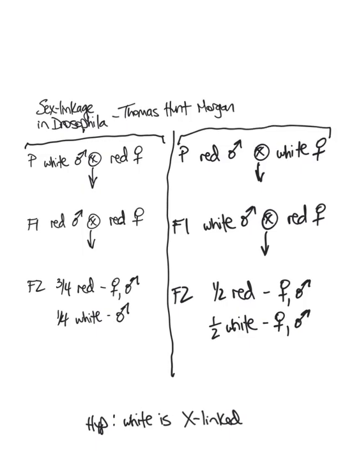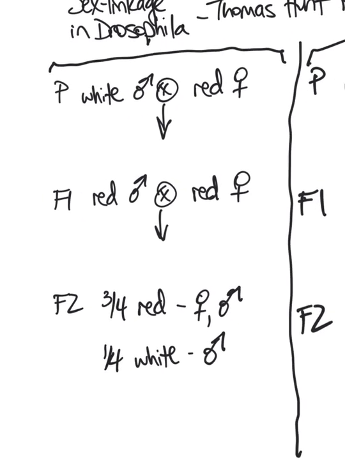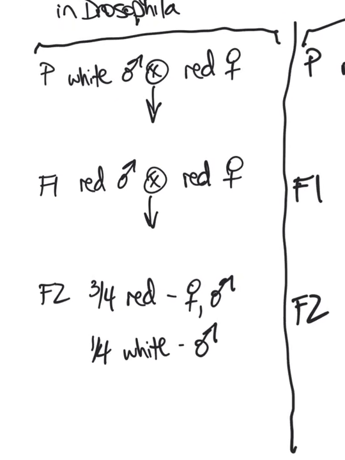I'm going to zoom in here and focus on this first cross. First we can fill in the sex chromosomes of the parental generation. The females would have 2 X chromosomes. The males would have an X and a Y.